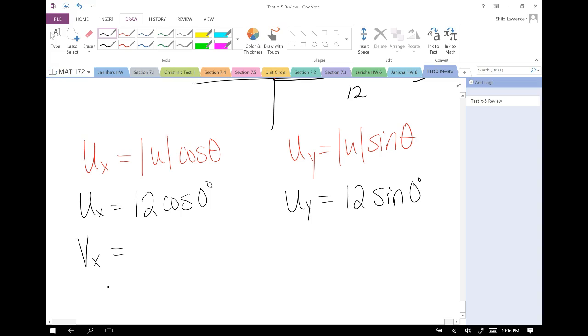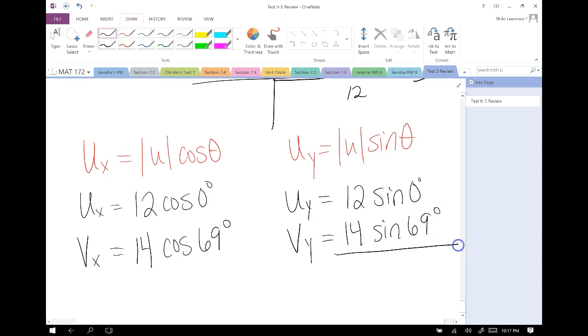So they're all pointing in the same direction. V's magnitude is 14, and it's at an angle of 69. And then put V's Y magnitude right under U's. And the Y components can be added together because they're both pointing vertically.